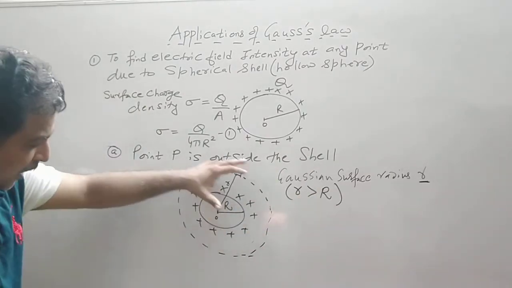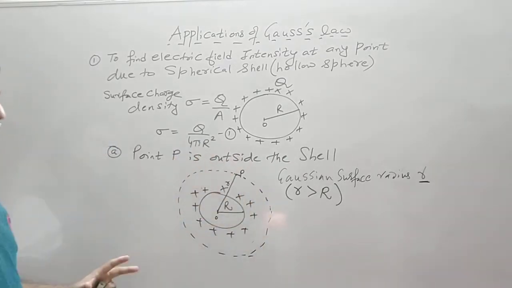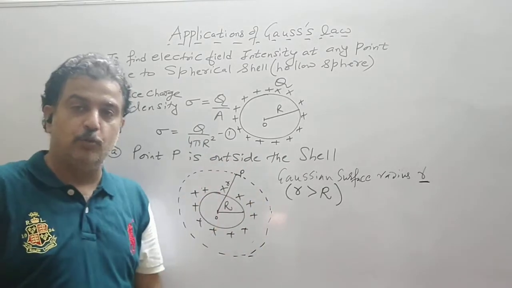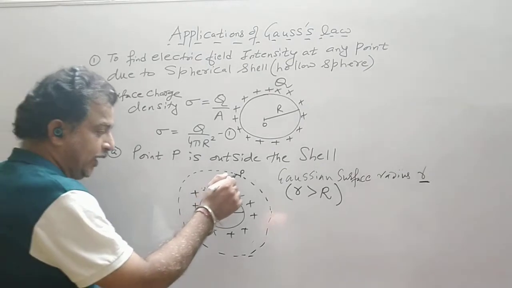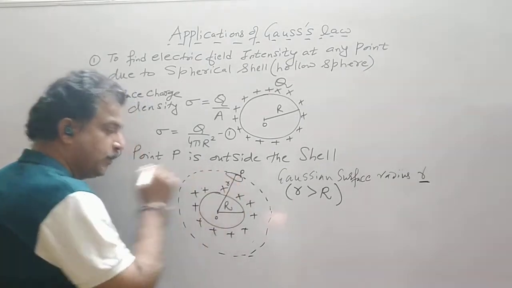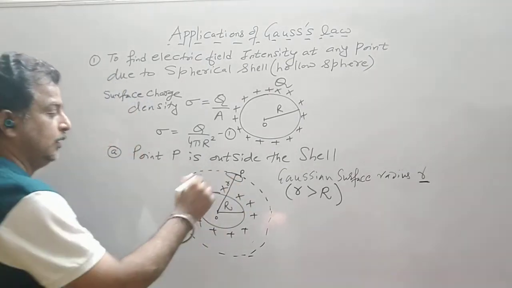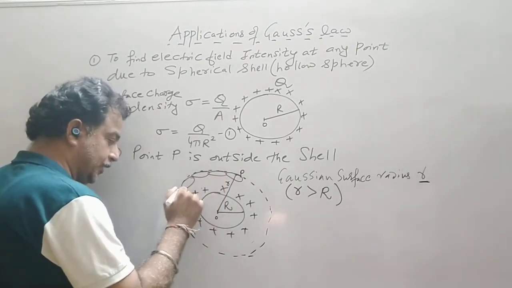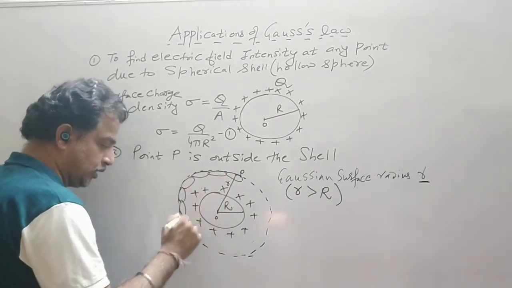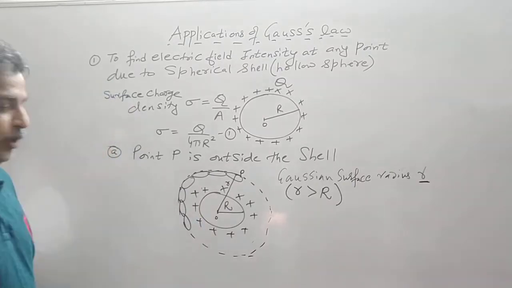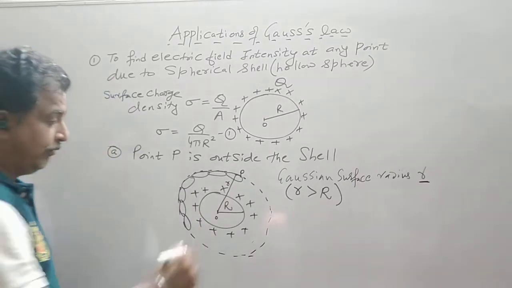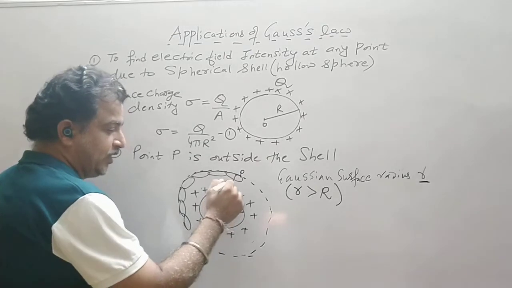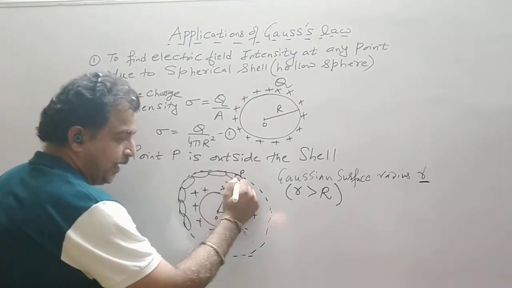Now we divide this entire Gaussian surface into small Gaussian elements. So I take this small element, this is one element, this is another element, this is another, like this. We have done this in Gauss theorem or Gauss law. So these are the elements. Now the direction of the electric field intensity through this Gaussian element.